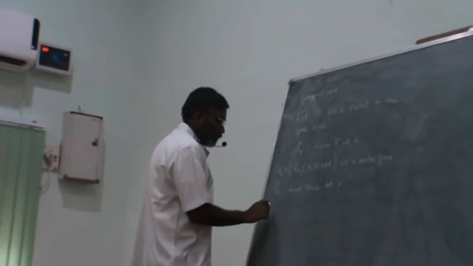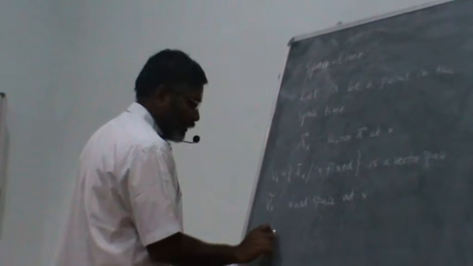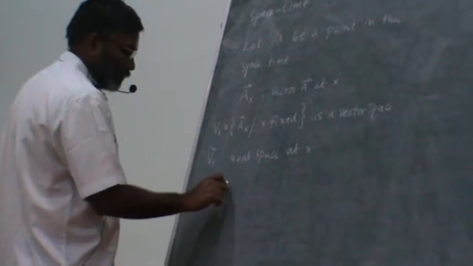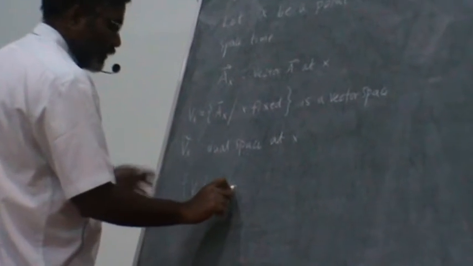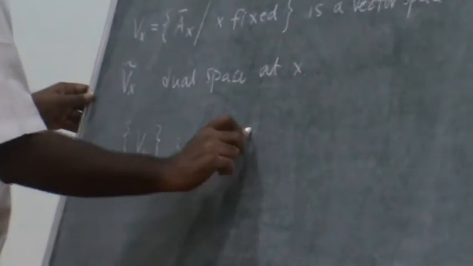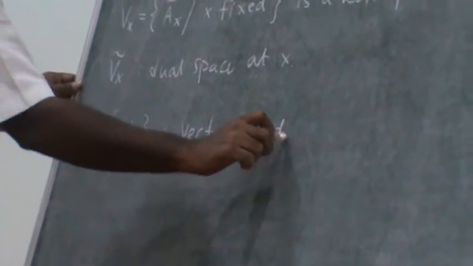Okay? So now if you define the set of all Vx, we get what is called a vector field or a tensor field and things like that. So everything that we discussed in the last 1 hour, 1.5 hours can be done at every point.